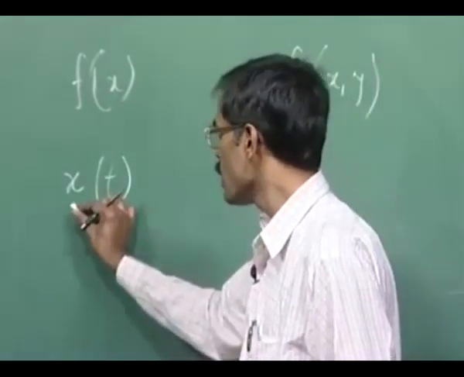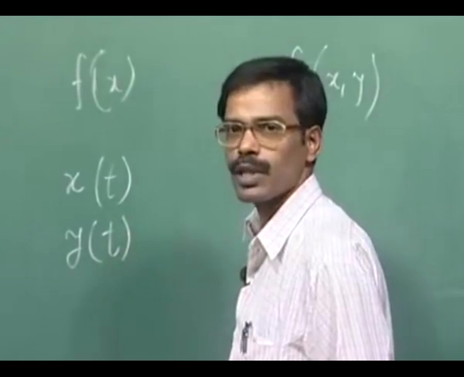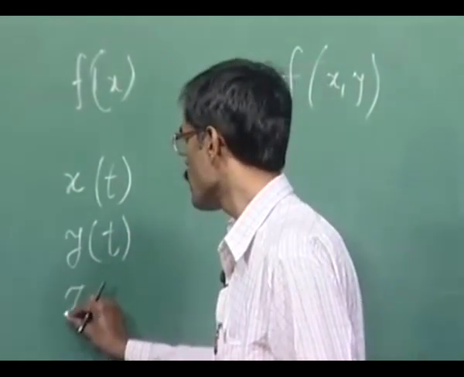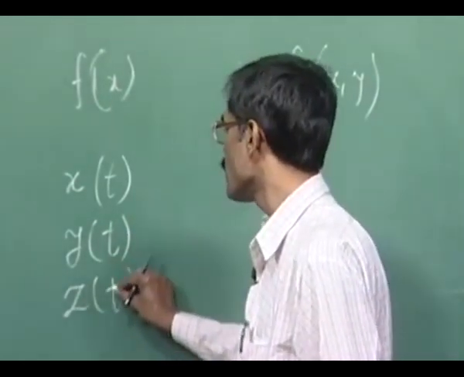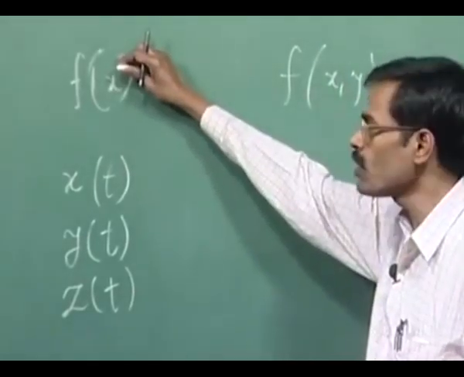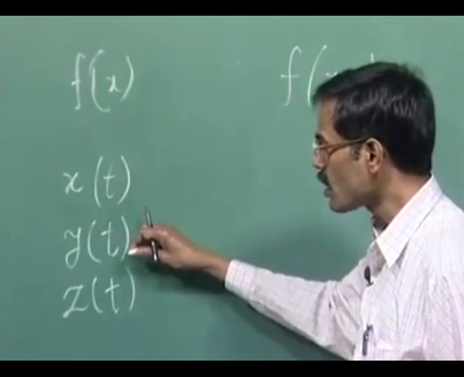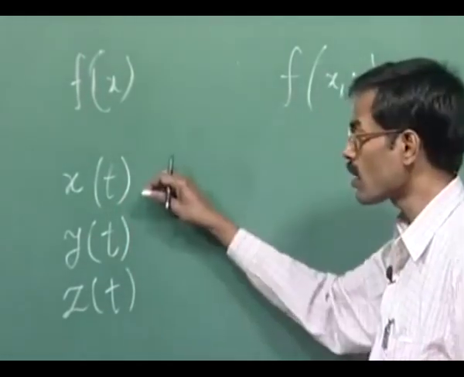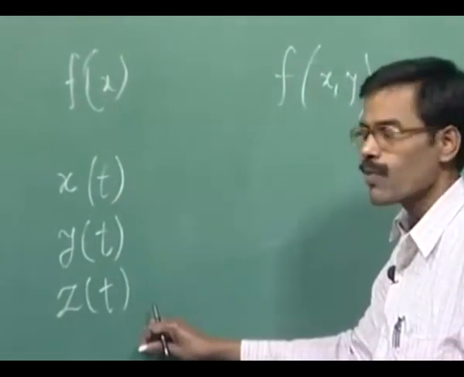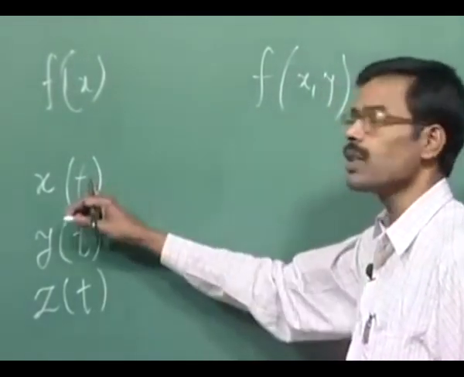Now, similarly, y of t can be another function of parameter t, and z of t can be another function of parameter t. All these we can do exactly the way we have been doing for function f of x, and now these three functions can be taken as the x coordinate, y coordinate, and z coordinate of a point on a curve as t varies.